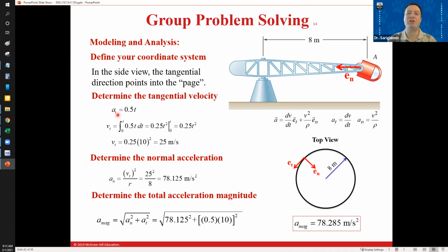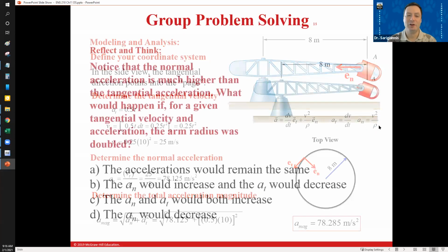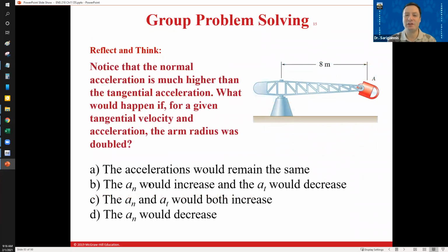Remember, our tangential acceleration is given to us as a function of time. So that's independent of the radius, but the normal component is really the one that's dependent on the radius, right? So as that radius increases, you're going to wind up with a decrease in the normal acceleration.